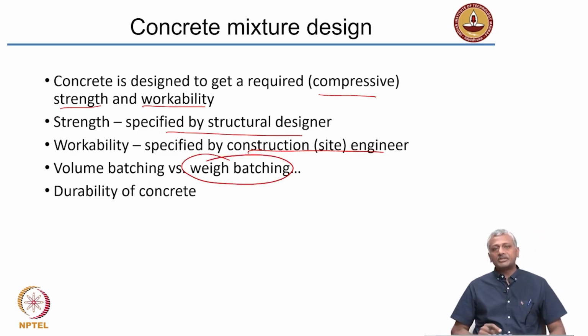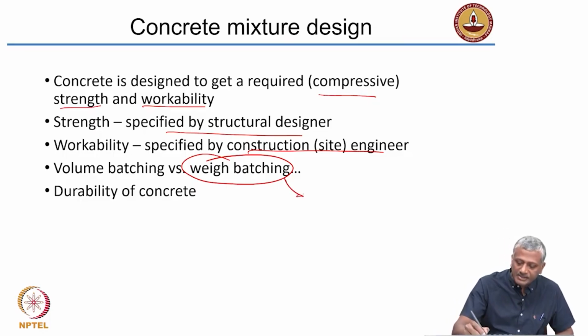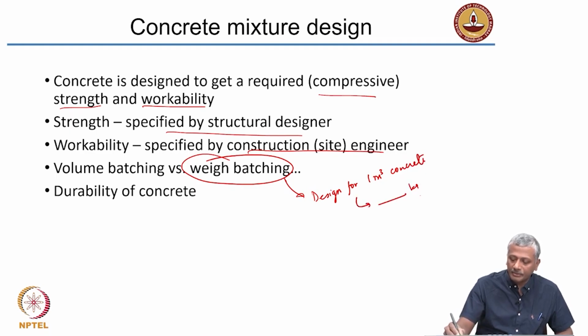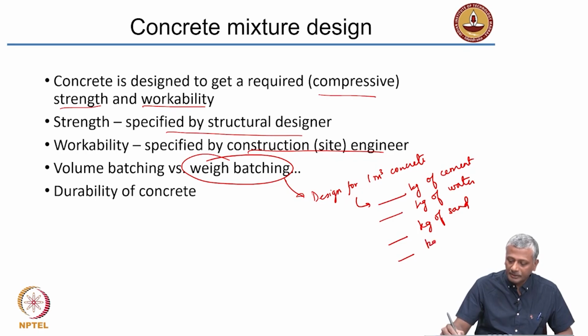That means you exactly measure the quantities of the ingredients by weight, and typically we do the design for a certain volume of concrete, let us say a cubic meter of concrete, and we say it needs to have so many kilograms of cement, so many kg of water, so many kg of sand, and so many kg of aggregate.